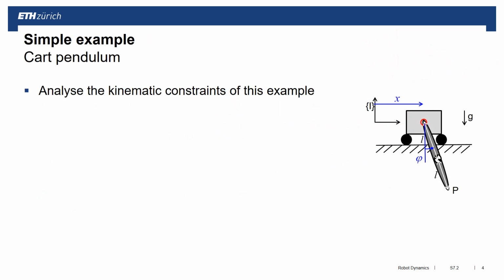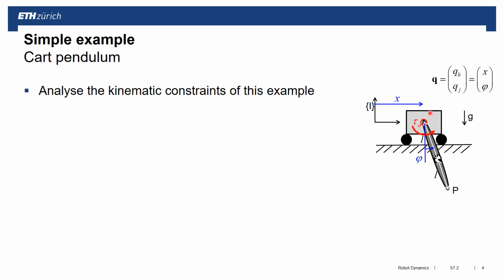Now we're looking at this in a little more detail with a simple example of a cart pendulum, displayed here on the right hand side, which has in essence 2 degrees of freedom, so 2 generalized coordinates, x and phi. The base coordinate is x, and we have 1 joint coordinate which is phi.